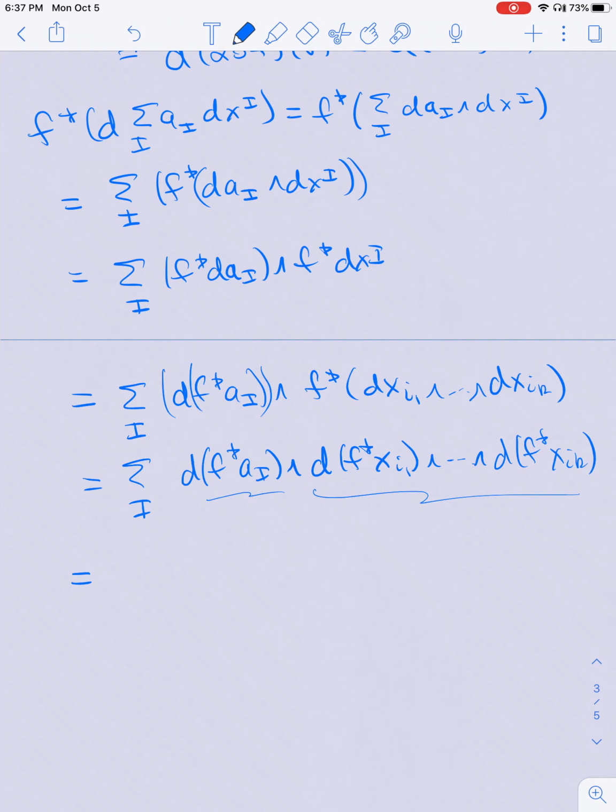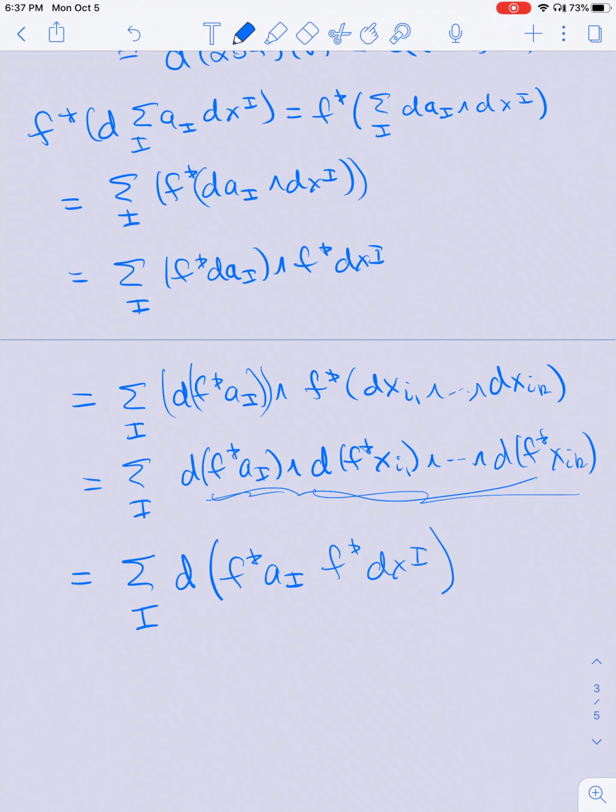So basically this part all together is d of sum over I of f pullback a_I times f pullback dx_I. And then I can pull the d out because d is linear. Okay, so that proves all the properties, which will help you compute pullbacks.